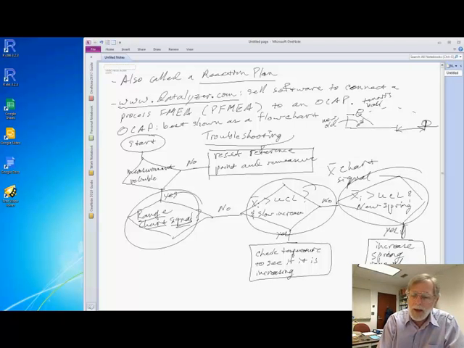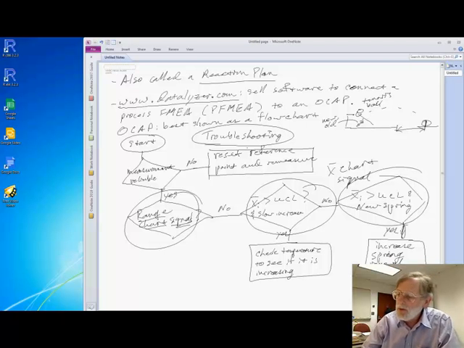Any good auto mechanic is going to have in their head lots and lots of these flowcharts, depending on what they see as a problem when a car is brought in that's not working right. So an out-of-control action plan is not anything that's a brand new concept. So it's related to troubleshooting.